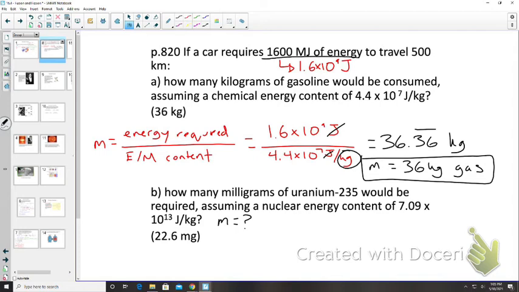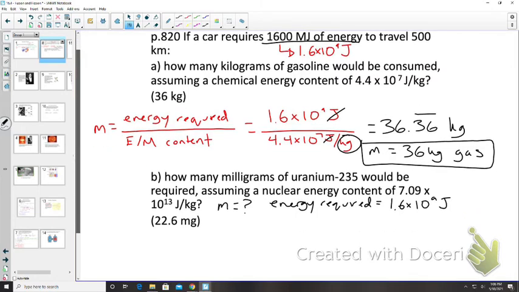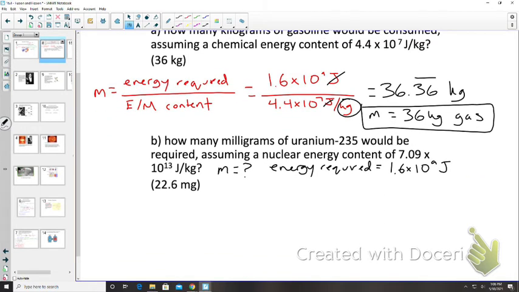So our energy required here is still going to be 1.6 times 10 to the 9 joules, because the purpose of this example is to identify how little nuclear fuel we actually need to acquire the same amount of energy if we were comparing it to a gasoline burning car.